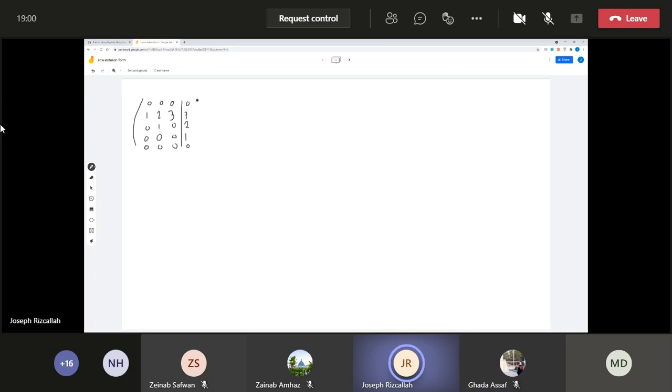So what I want to do now is bring this top row, which is made of zeros completely, down to here. First I'm going to switch it with the second row. I will switch the first row R1 with the second row, and I will indicate it this way.